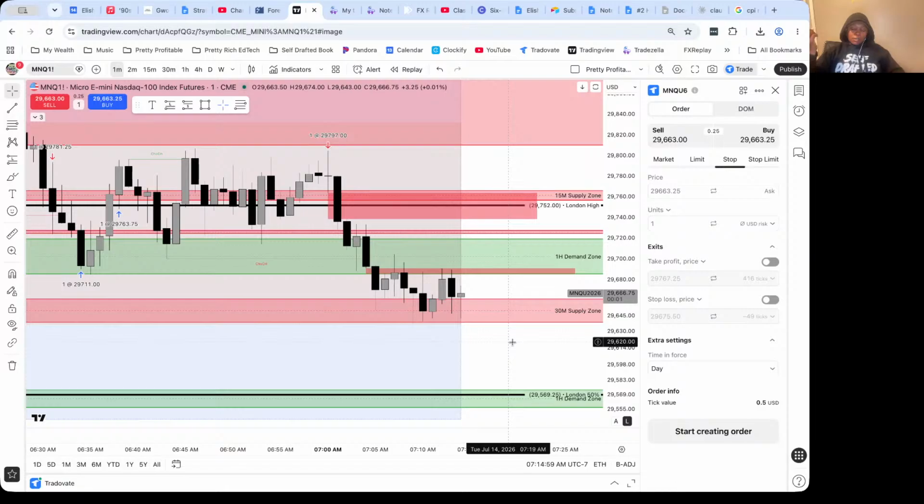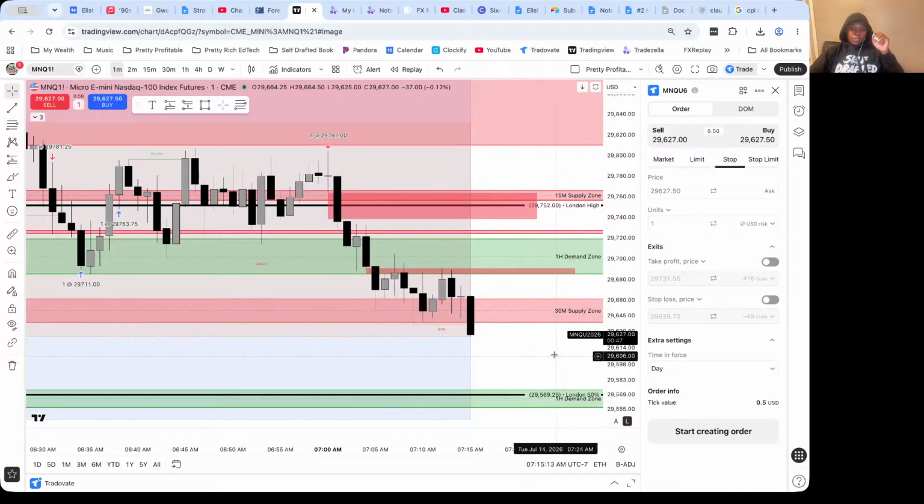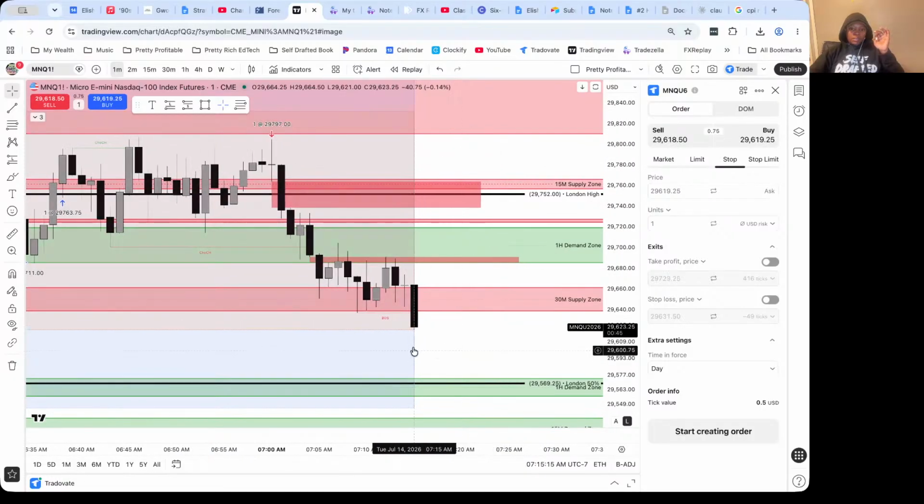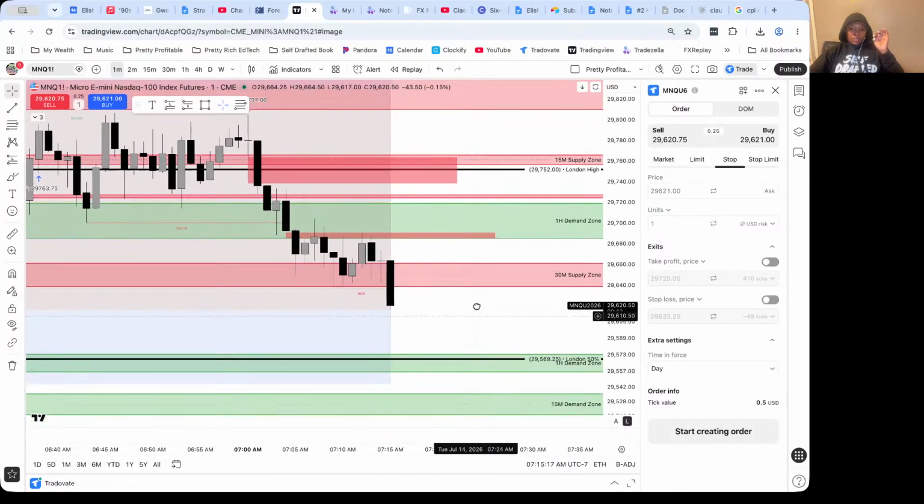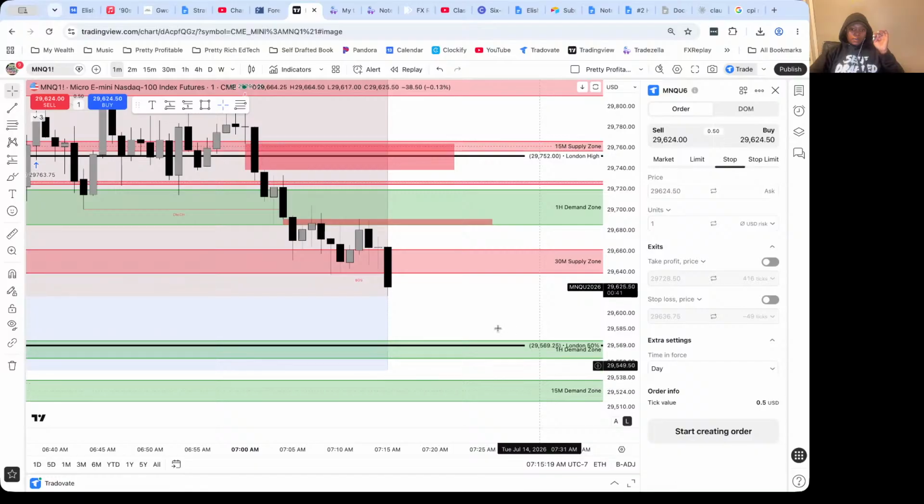Now I'm learning, okay, I can ask my mentor how long we wait to enter a trade. The Fed chair is talking right now, so that news is having a big impact. I got a demand zone right here, and it's also the London low, and I'm still learning what that means too.